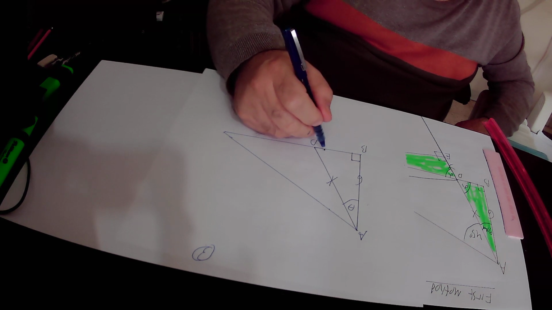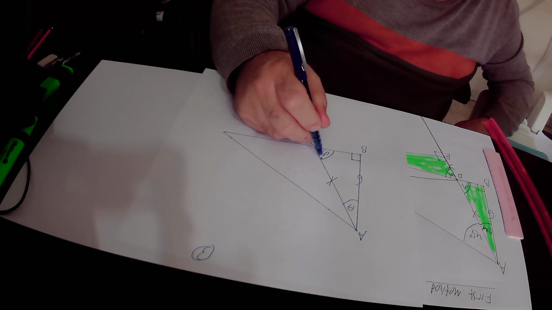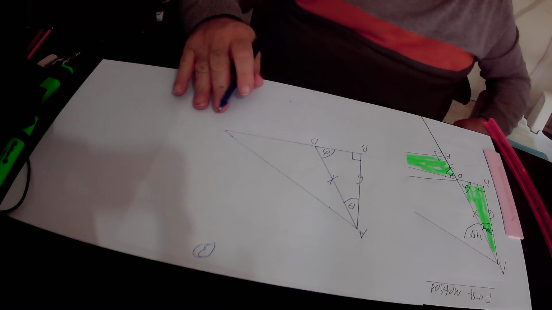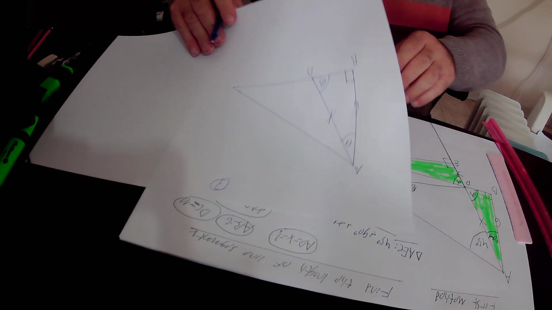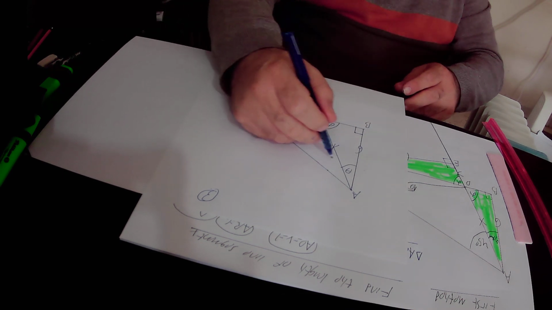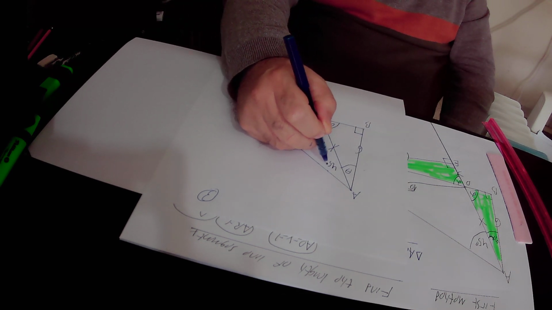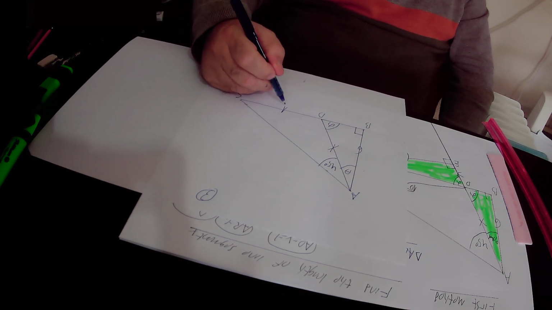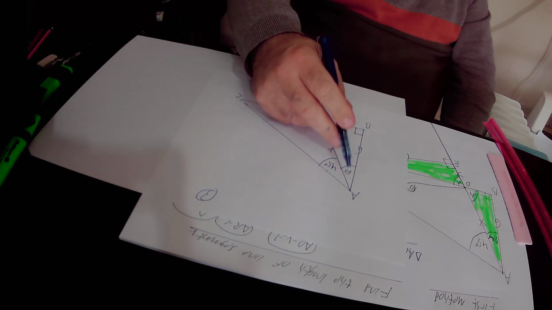This angle equals alpha. And here we have triangle ADC. We know that this angle equals 45 degrees, and we also know that DC equals 10 units according to what is given in the question, and AD equals X.